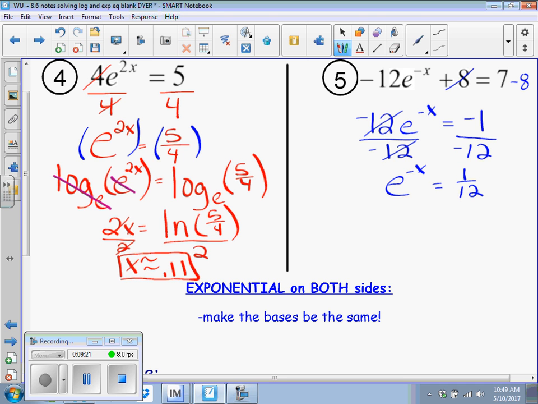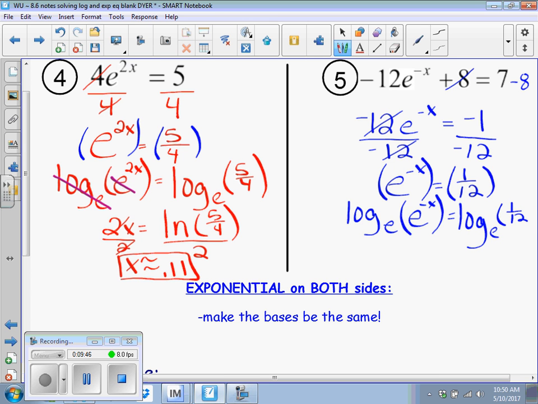Okay, so now we're at the point where we would take the log of both sides, right? So I'm going to do myself a little organization favor. Keep those things together. So now I'm going to take the log base e of both sides. Log base e of all of that, e to the negative x, equals log base e of 1/12.